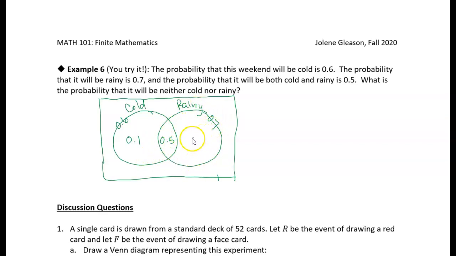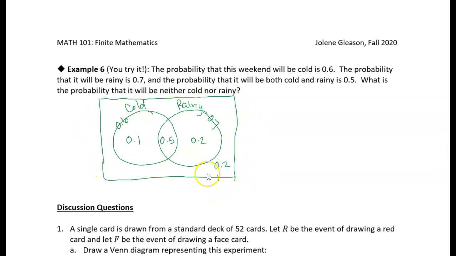So there must be a 20% chance, or 0.2 chance, that it will be rainy and not cold. Okay, and then we can see that the numbers inside the circles add up to 80%, or 0.8. All right, so then out here there must be 0.2, since everything has to add up to 100%, right?